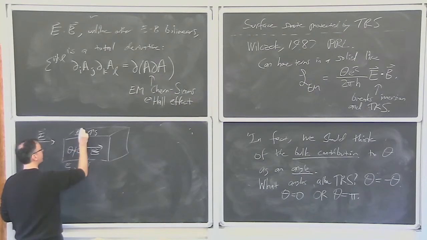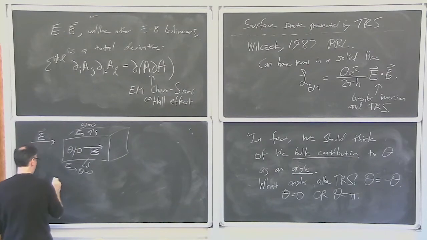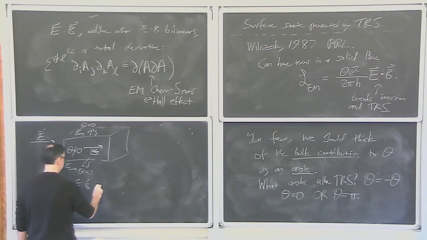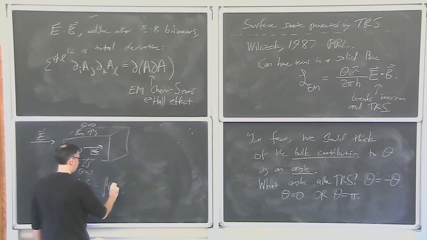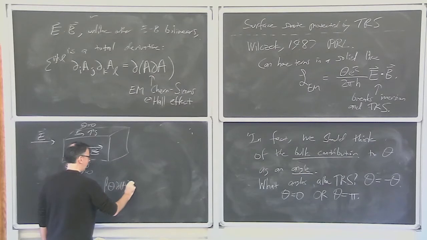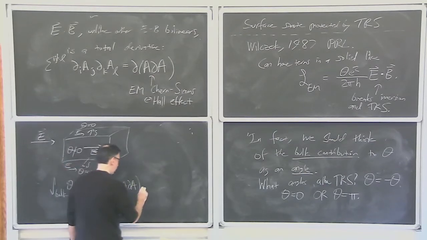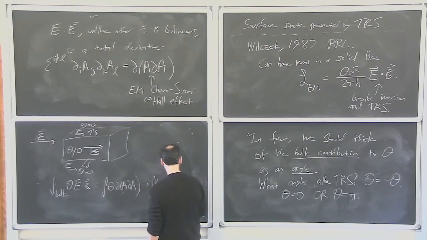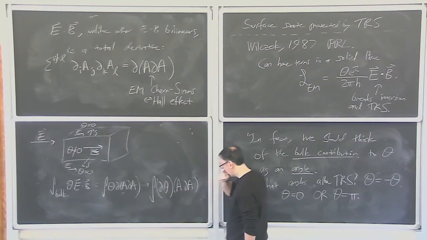So mathematically, what this is saying is that if I had, say, theta equal to 0, or not equal to 0 there, theta equal to 0 up here, theta equal to 0 down there, then if I had the integral over the bulk of theta E dot B, which is theta derivative AdA, well, integration by parts means that I could transform that to wherever there's a change in theta, there's a quantum Hall layer.